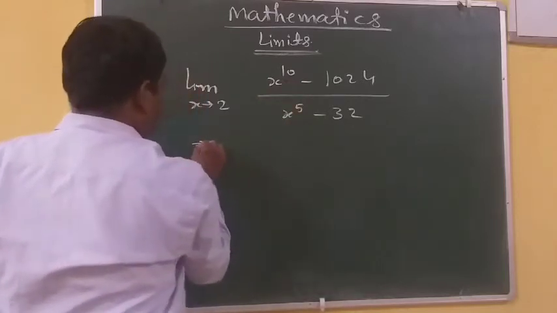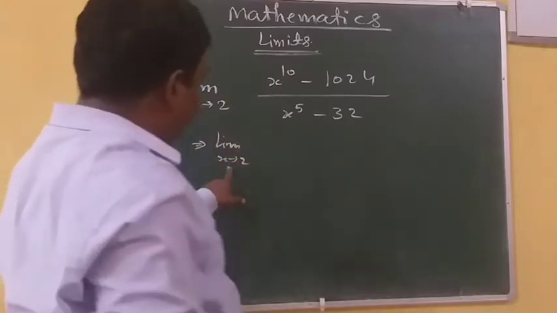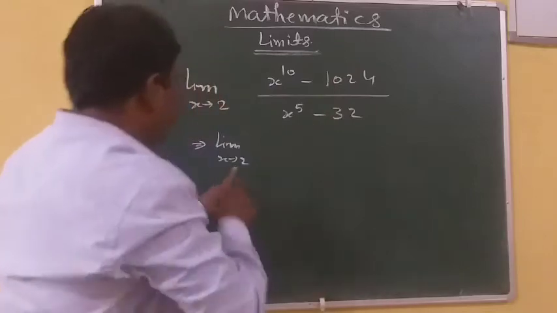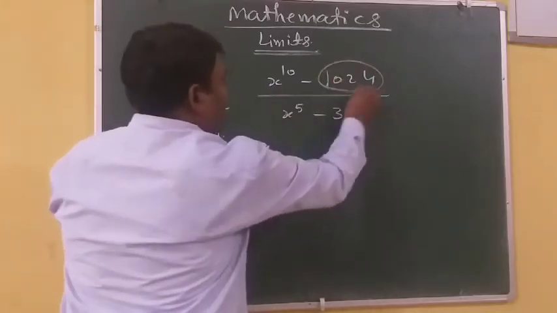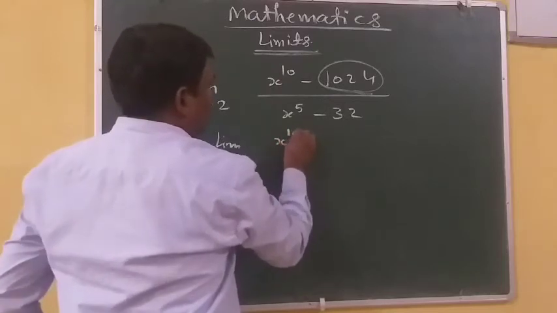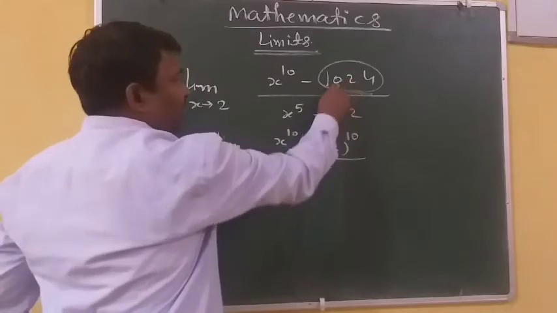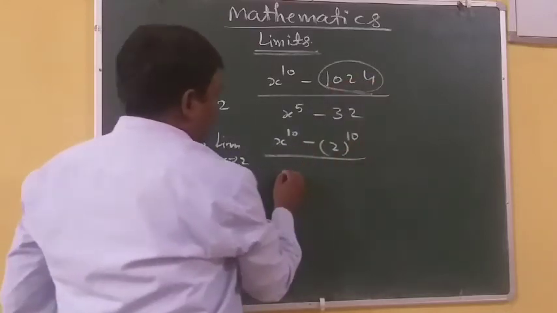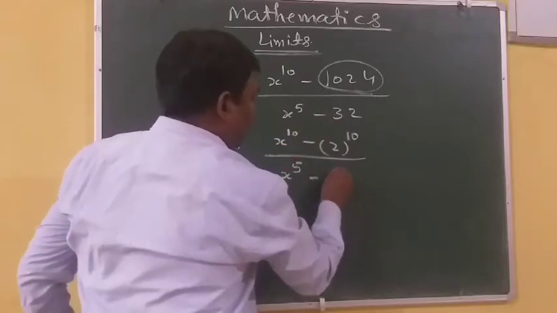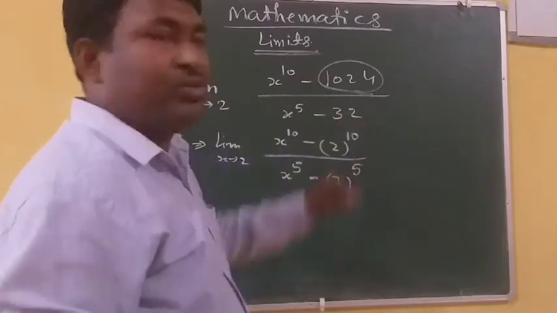So it can be considered as limit x tends to 2. As you know, limit x tends to a, x power m minus a power m. It means here you can write 2 power 10. Just check, you will get the same thing. 2 power 10 definitely gives you 1024. Here x power 5 minus 2 power 5. Of course, 2 power 5 will give you 32.